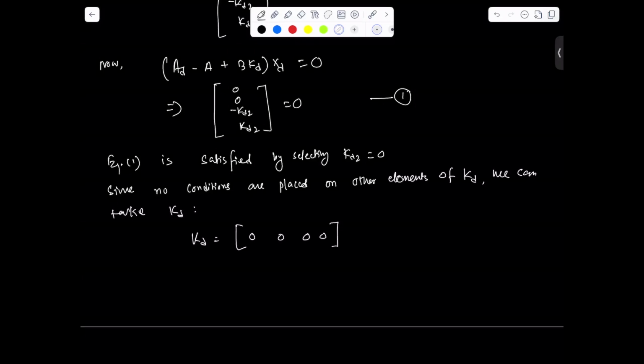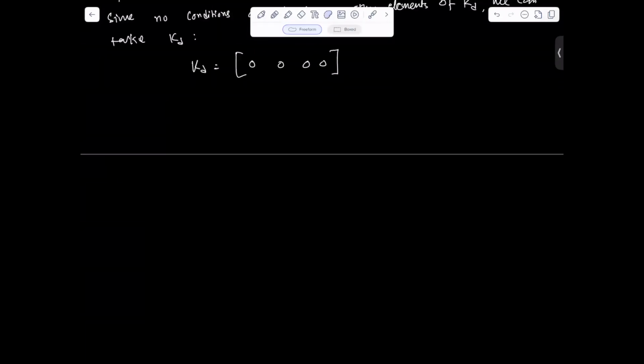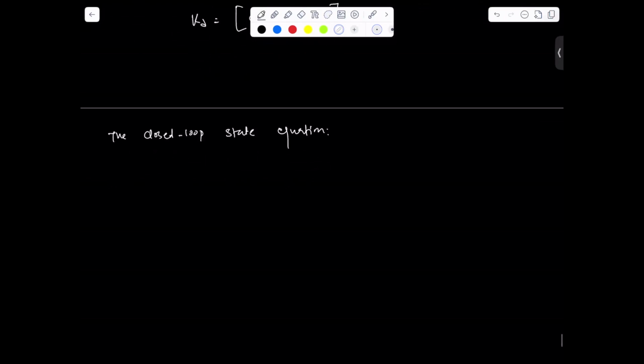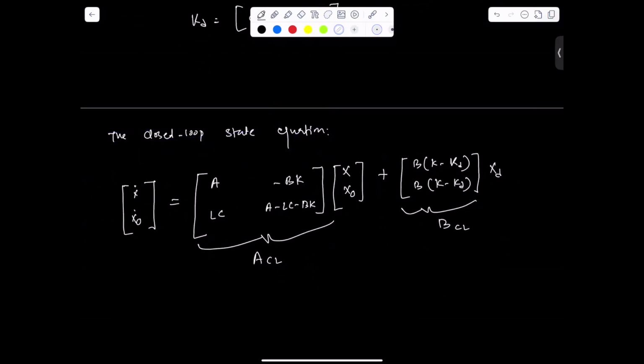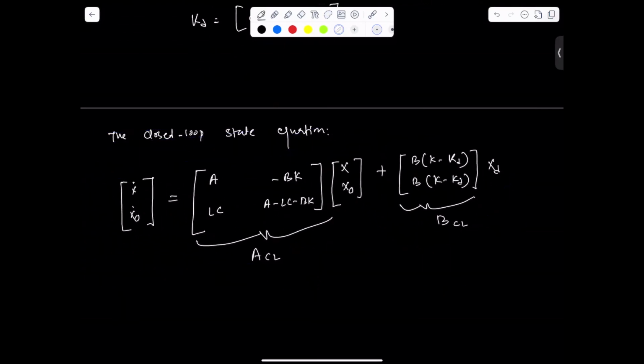Now we'll use the closed loop state equation, which has rank 2n, because we have the observer dynamics state equation.